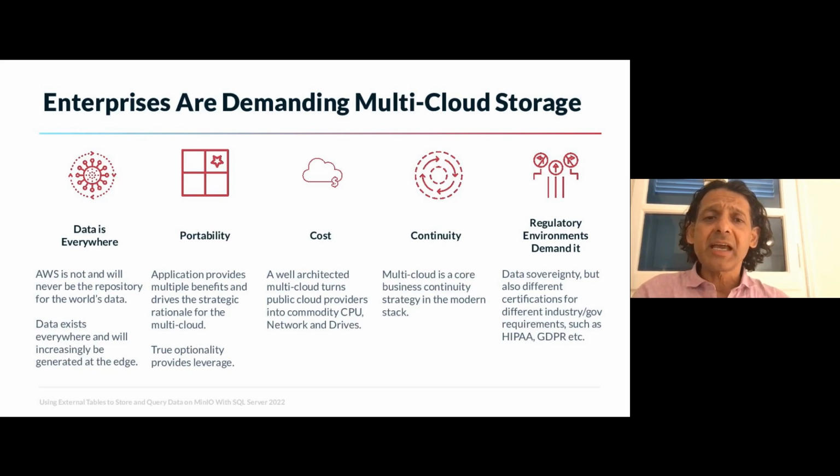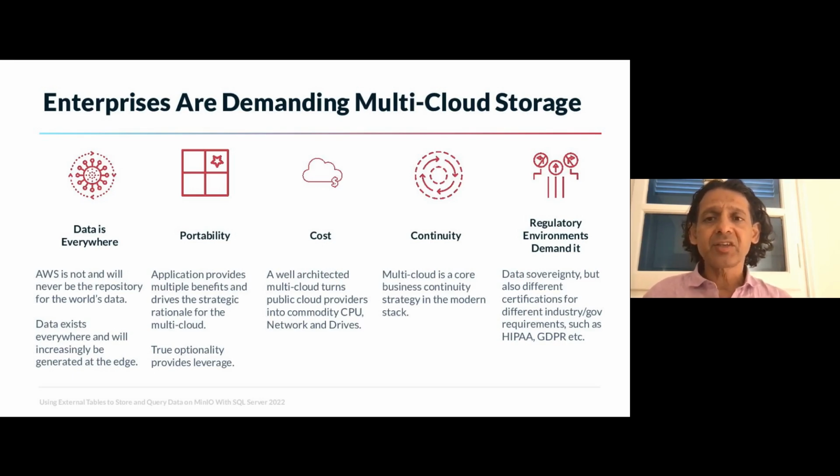So enterprises, as I'd mentioned, and Hugo also touched on this, are demanding multi-cloud. And there are many reasons for that, right? You have data everywhere, and this is part of what Hugo was speaking of with SQL Server 2022. You don't really want to or need to bring that data in one place to be able to run the analytics jobs that you want to run.